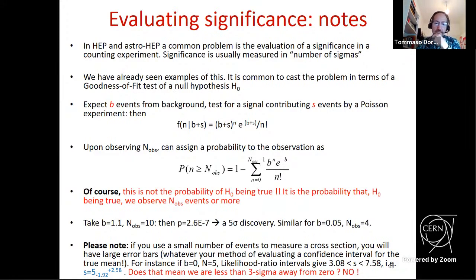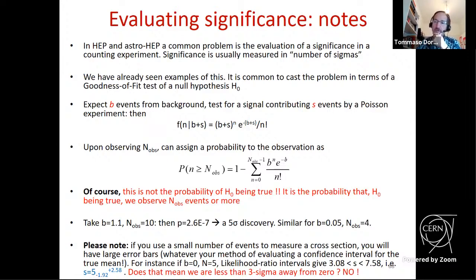But also note that if you use a small number of events to measure a cross-section for a known process, you will have larger error bars if the number of events is small, of course, because for a Poisson process the variance is equal to the mean. So small mean means also small variance, but the root mean square is the square root of the variance. So you get this fact that the percentage uncertainty becomes smaller as the number increases.